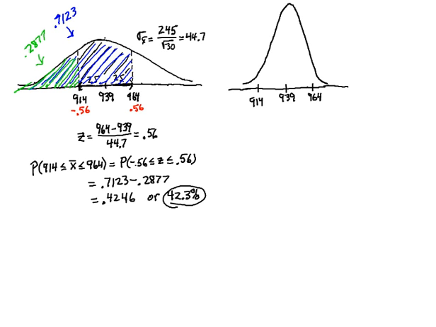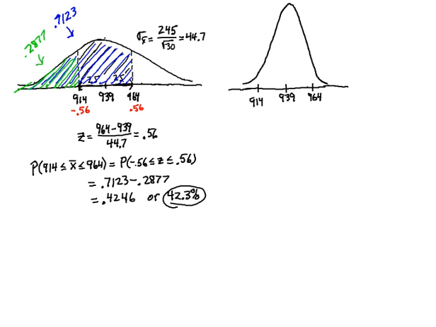There's a 42.3% probability that my sample average, taken from a sample of size 30, will fall somewhere within $25 of $939, or somewhere between $914 and $964.